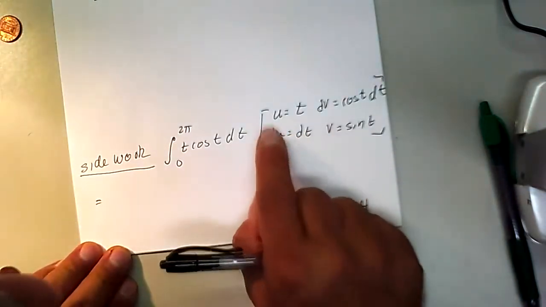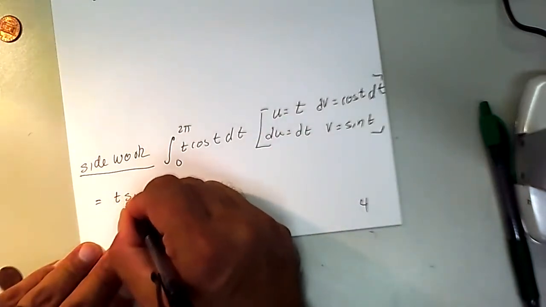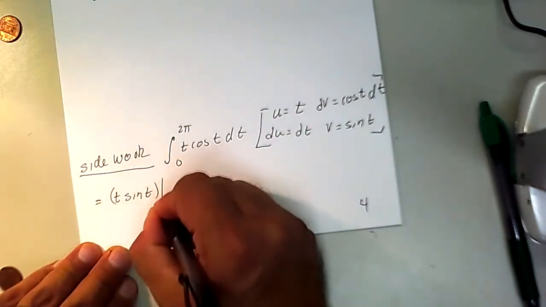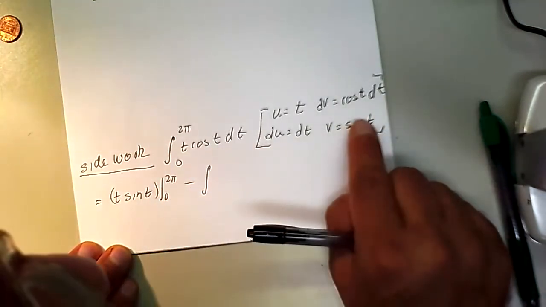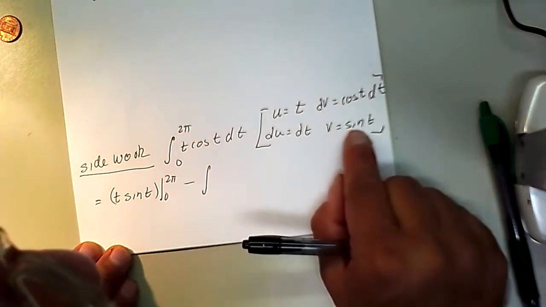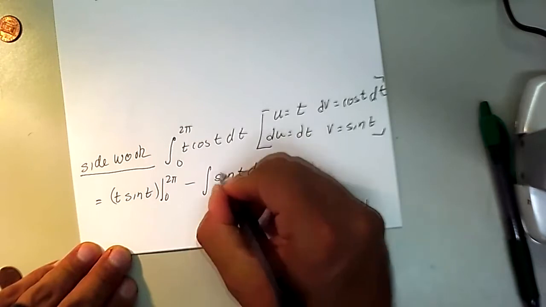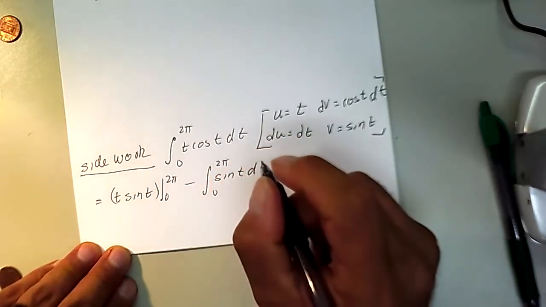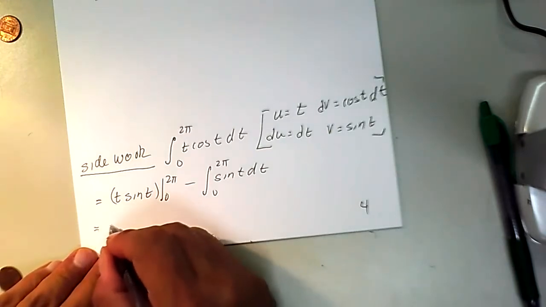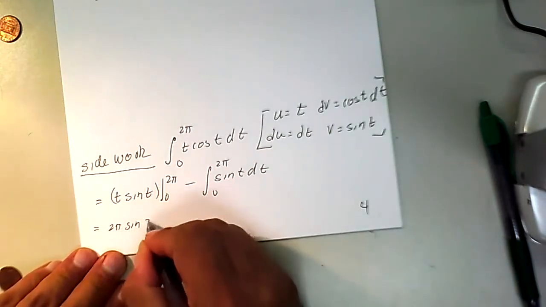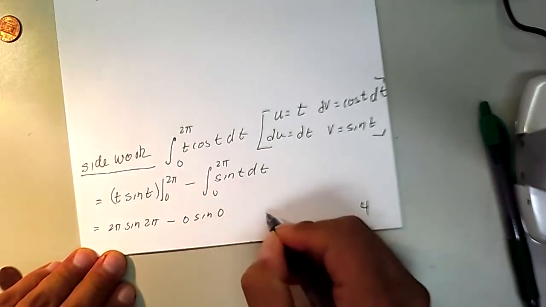So by parts, we multiply those two, t sine of t evaluated from 0 to 2 pi, minus the integral of sine of t dt from 0 to 2 pi. Okay, so that is going to be 2 pi sine of 2 pi minus 0 sine 0.